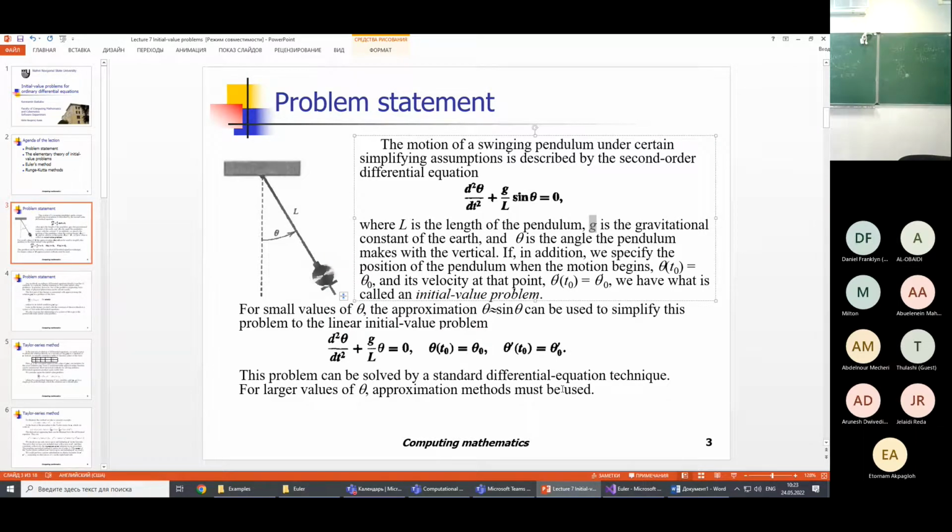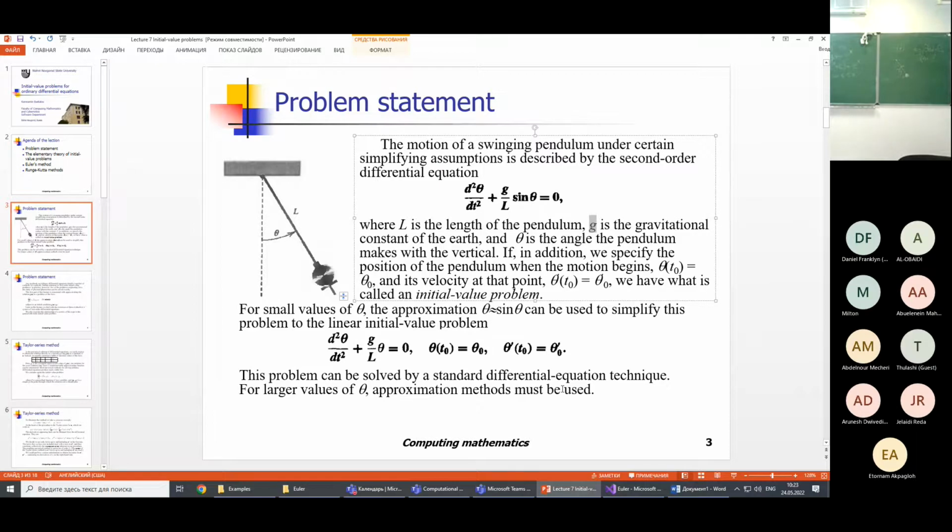Nobody can solve it analytically, nobody can find the exact solution, as we did for our simple examples. For example, for something like y prime equals 1, we can find the exact solution. But for this very simple, very short equation, nobody can find the exact solution.